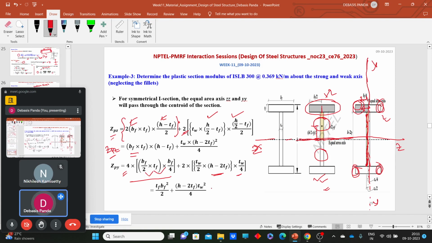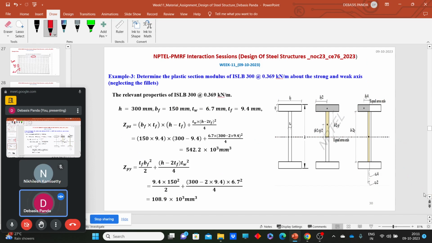If we simplify this, the ZPY about the Y axis, the plastic sectional modulus, comes as TF into BF square by 2 plus H minus 2 into TF, TW square divided by 4. Either you can remember these formulas, or you can easily calculate it using the first moment of area formula. It's not rocket science.